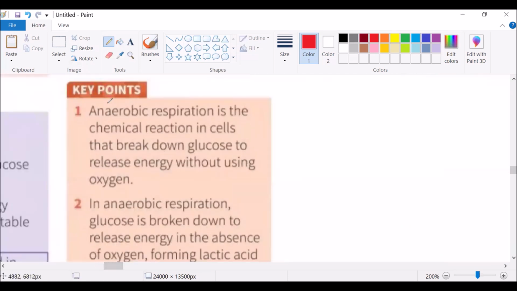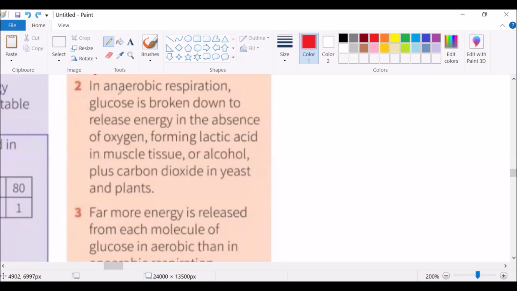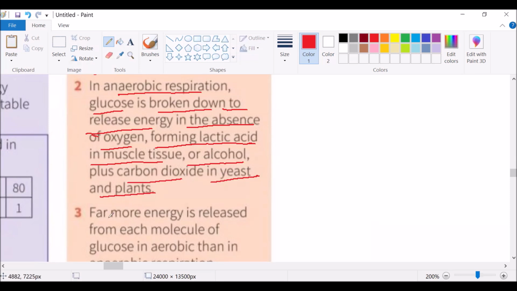So our key points are: anaerobic respiration is the chemical reaction in cells that breaks down glucose to release energy without using oxygen. In anaerobic respiration, glucose is broken down to release energy in the absence of oxygen, forming lactic acid in muscle tissue or alcohol and carbon dioxide in yeast and plants.